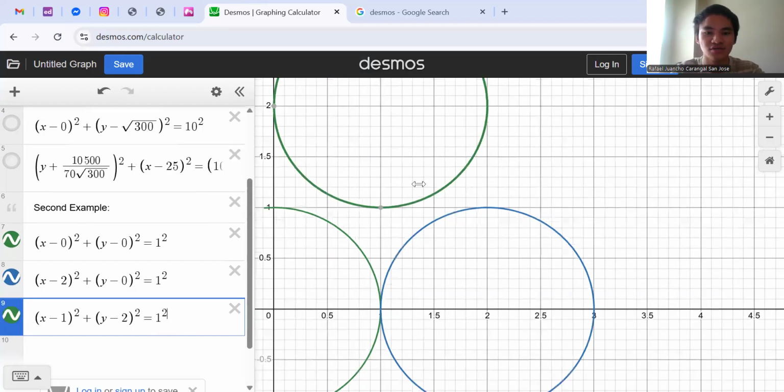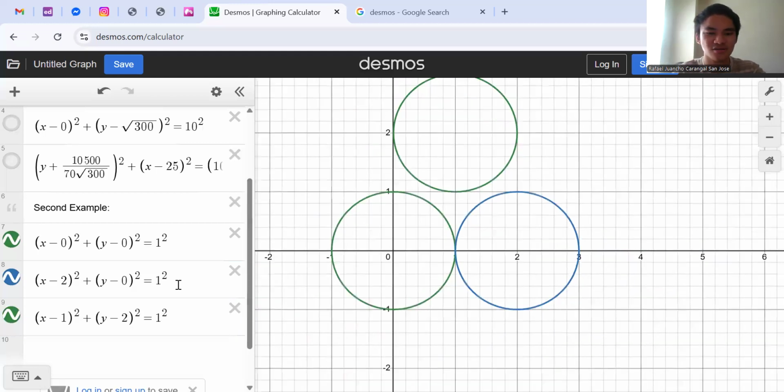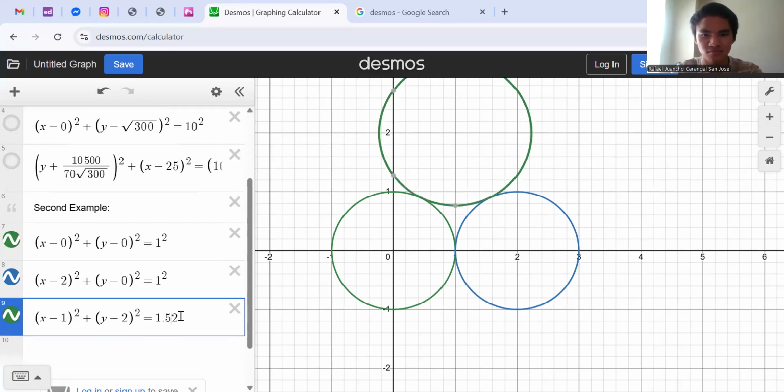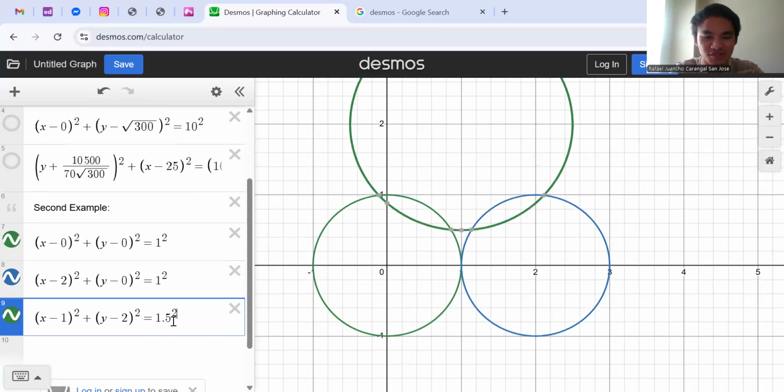Let me just do this. I'm trying to do an example where it doesn't. We do 1.5. There we go. 1.52. Oh, geez. Okay, that doesn't work.